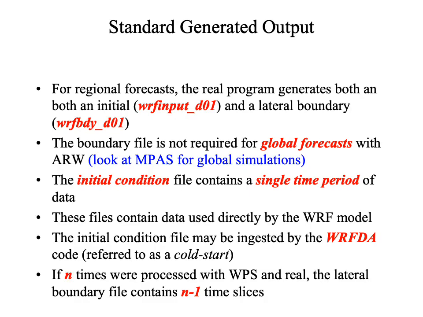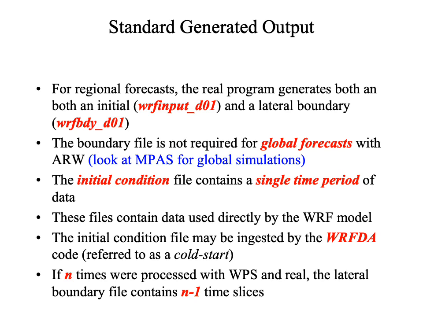The entire WRF modeling system sends information along to the next standalone program via data files. So the real program, the real.exe program, accepts data from WPS, from the METGRID program.